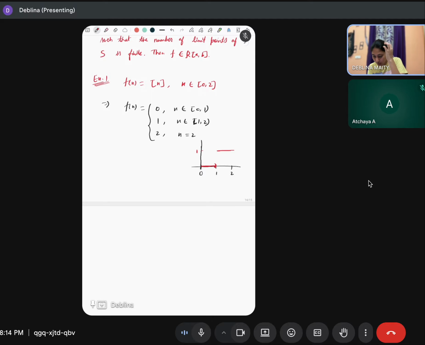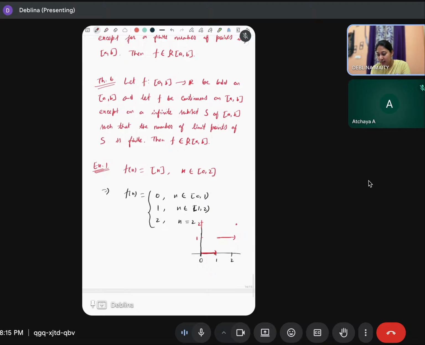This value is 1, this is open, and at 2 this value is here, this is 2, right? So the discontinuities are at the points 1 and 2, right? Points of discontinuity. So f is continuous on [0, 2] except for x equals 1 and x equals 2.